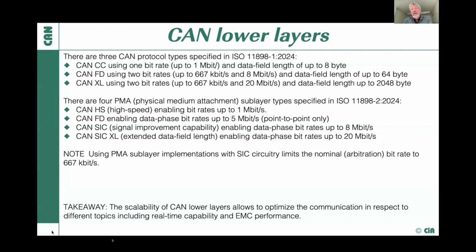And CAN SIC XL even allows bit rates in the data phase of 20 megabit per second. This gives you a lot of different opportunities, and this means CAN is highly scalable for different applications. Most of the mobile applications are low-speed applications from the application point of view, because nothing is moving very quickly. Just to give you an idea.